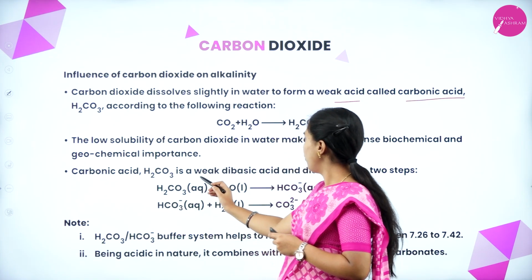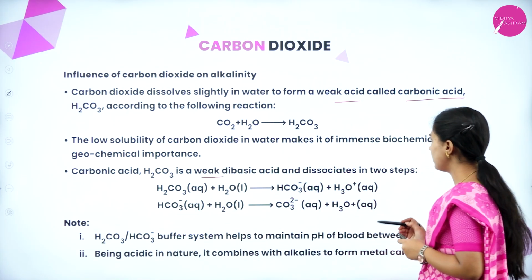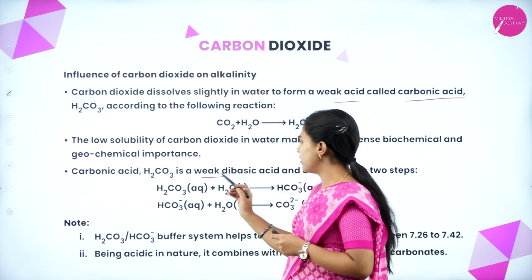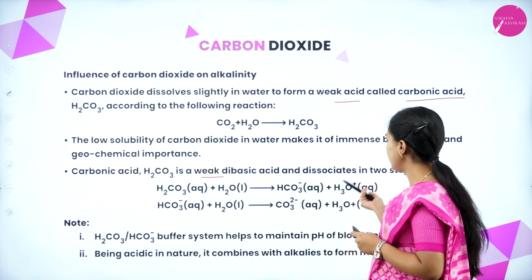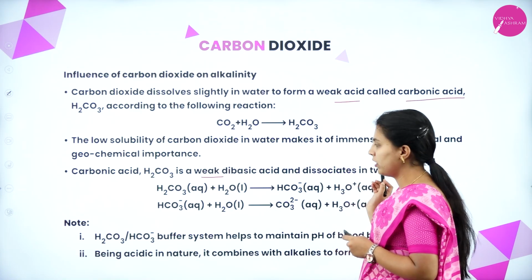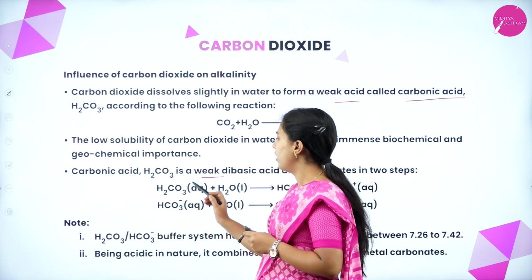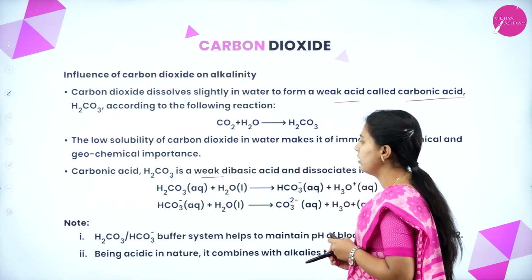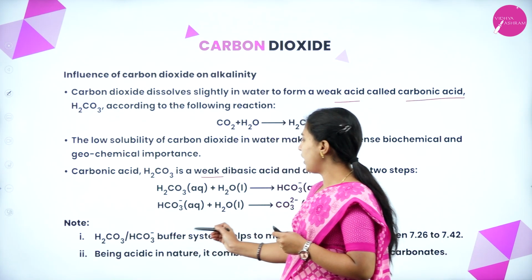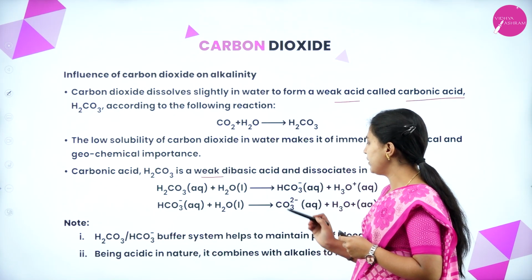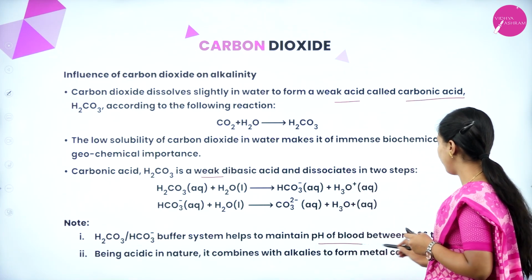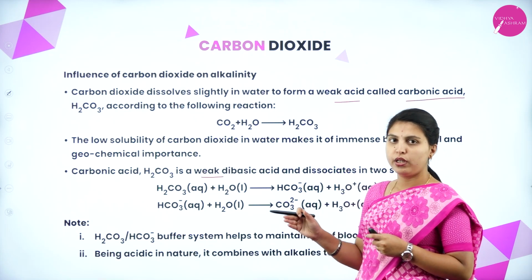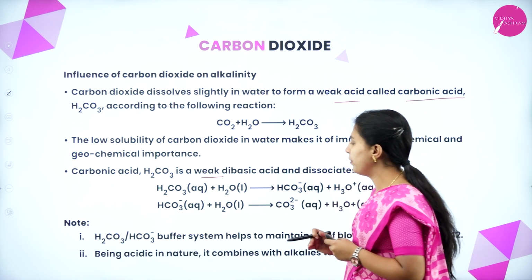Carbonic acid is a weak dibasic acid and dissociates in two steps. See here, carbonic acid reacting with water gives bicarbonate and a proton. Then bicarbonate with water gives carbonate. Note, the bicarbonate and carbonate buffer system helps to maintain the pH of blood between 7.26 and 7.42.